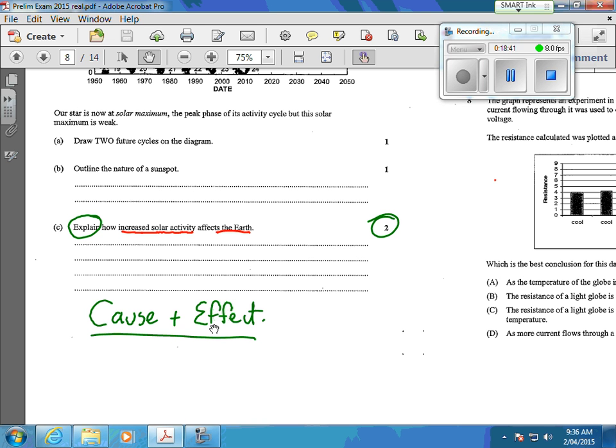Yeah, that was a good one. Absolutely great one. The increase in radiation from the sun can kill astronauts. That would be perfectly acceptable. That sentence would give you one of those marks. Okay?